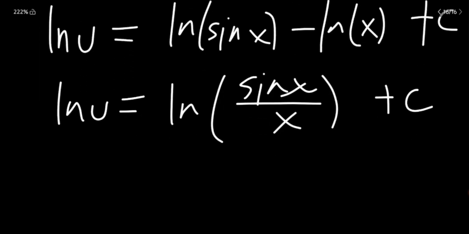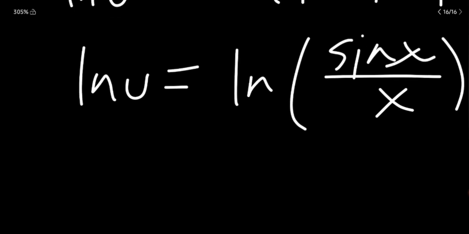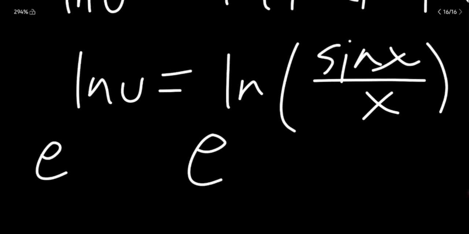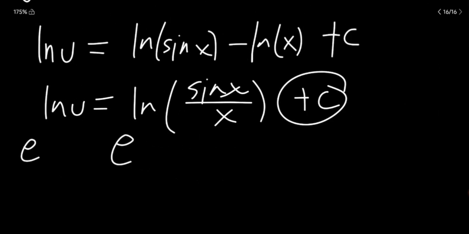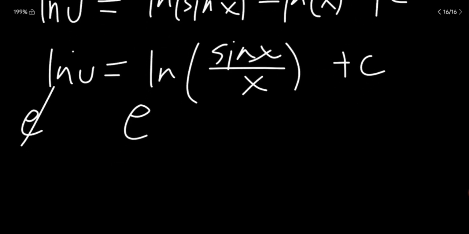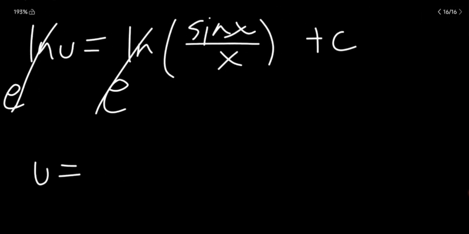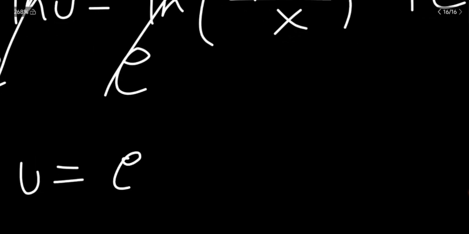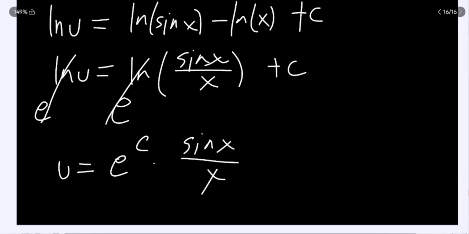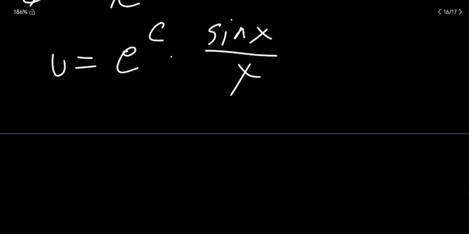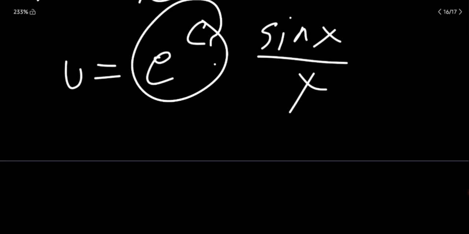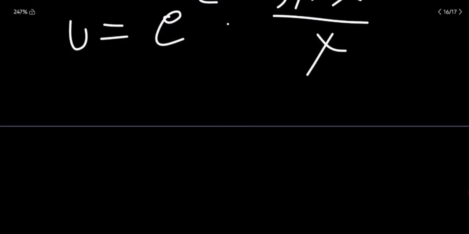But then we can just exponentiate, e raised to ln u, and this is a constant, so this cancels, so we get u. This also cancels. Then technically we should have here e raised to c times sine x over x, since this is a property of exponents. Alright, so now our problem is this constant. What is that constant, e raised to c?